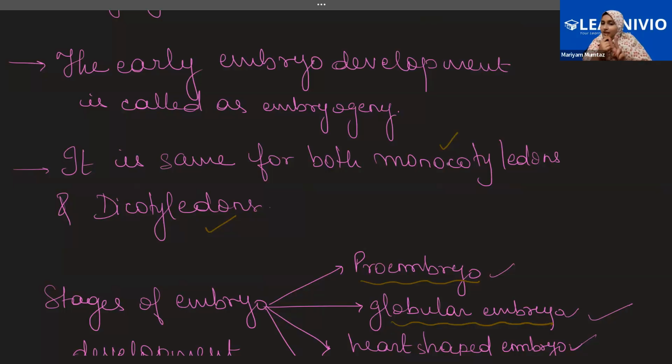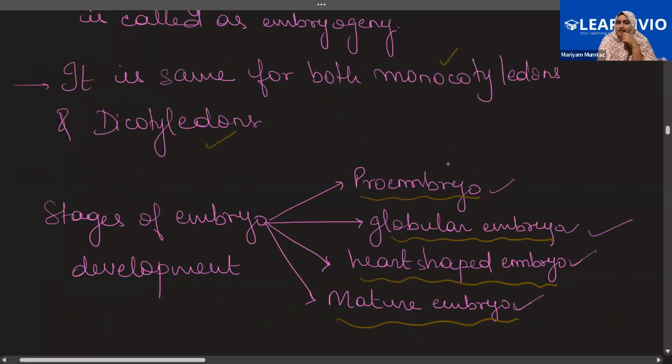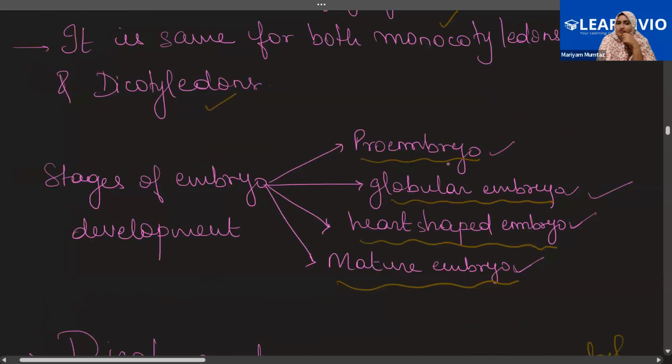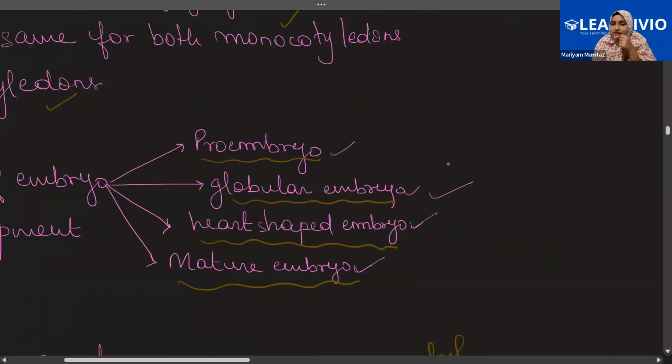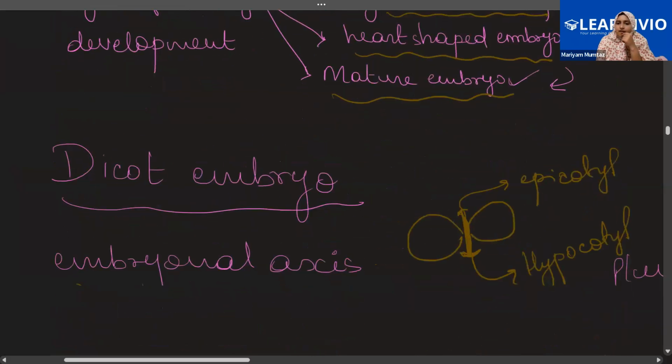Monocots and dicots are the two types of angiosperms, and in both the embryo development is more or less the same. The stages are: initially a proembryo, then from the proembryo the globular embryo develops, then the heart-shaped embryo, and lastly the mature embryo. These stages are common for monocots and dicots.